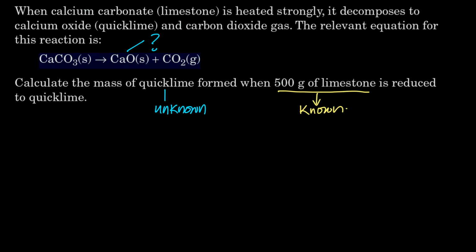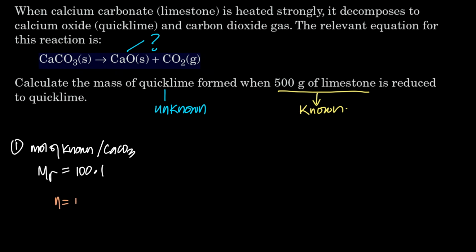Like all questions, like I said, there are 3 steps. So what you're going to do first is step number 1: find the moles of the known. What's your known? Calcium carbonate. First you'll want to find the formula mass of calcium carbonate. If you notice, the formula mass, or the MR, is 100.1. We don't call it MR, but since you're used to it, I can say it, it doesn't matter.